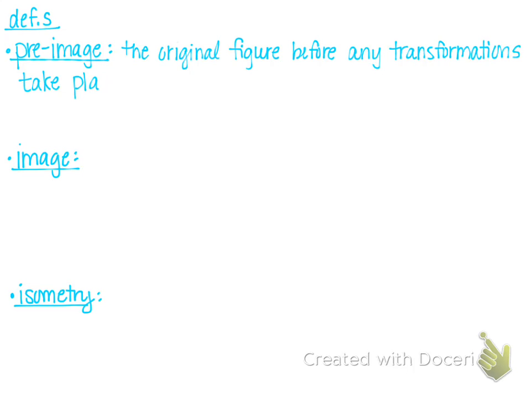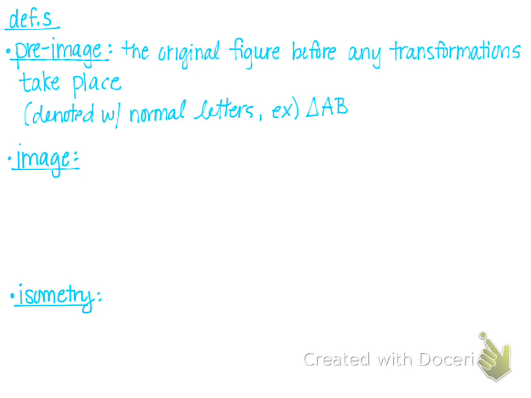Now, let's talk about the way it's denoted. Denoted means how it's notated. It's denoted with normal letters. So an example would be just triangle ABC. Has normal letters.